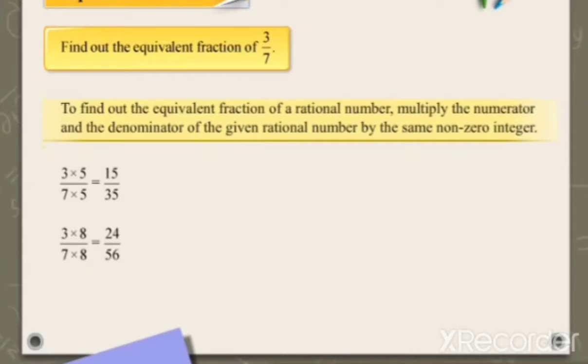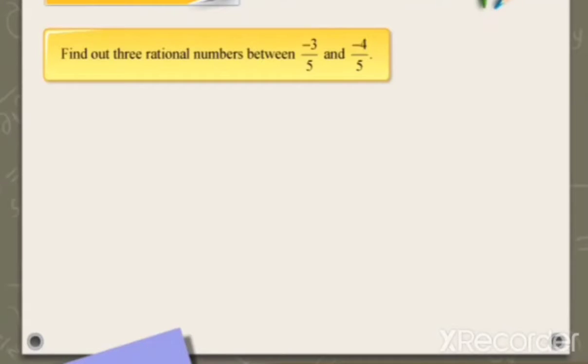Let's see how we can find out rational numbers between two rational numbers using equivalent fractions. Let's find out three rational numbers between -3 upon 5 and -4 upon 5. For this, we need to find out the equivalent fraction of -3 upon 5, which is -15 upon 25.